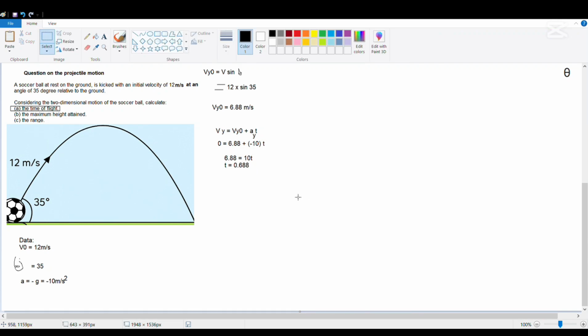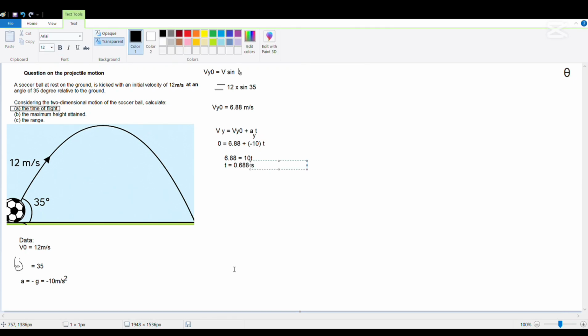So as we mentioned, I've got the value of t equal to 0.688 seconds here. Now what you need to understand is that the time taken to reach the apex of motion is half the total time, and because the motion is symmetrical, the total time of flight should be multiplied by 2.